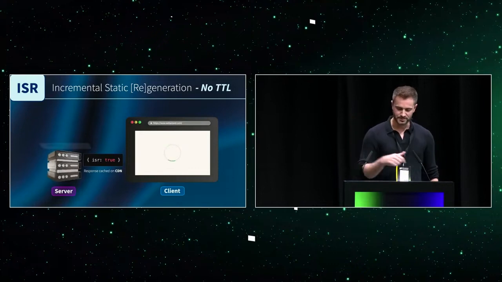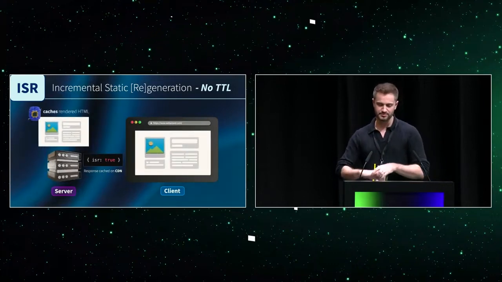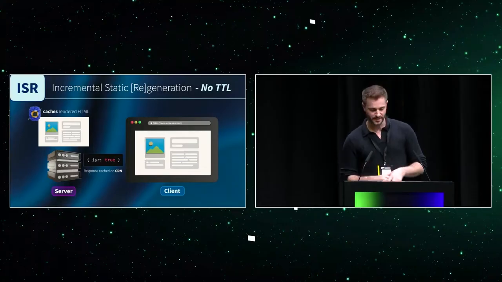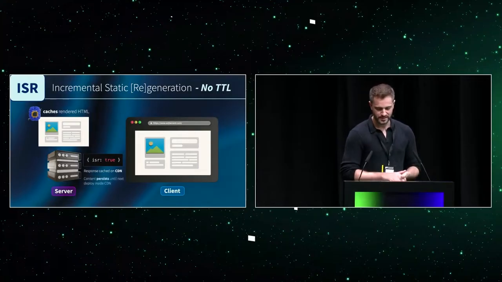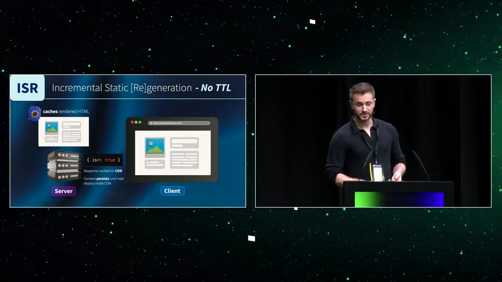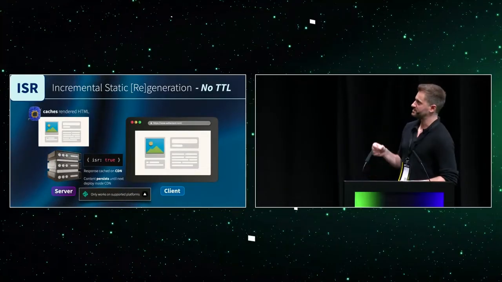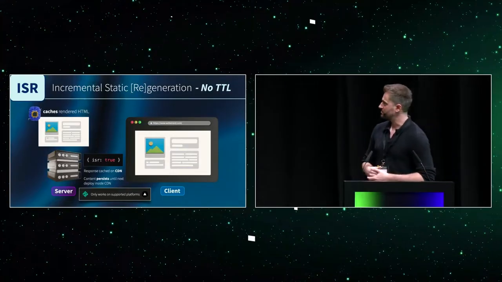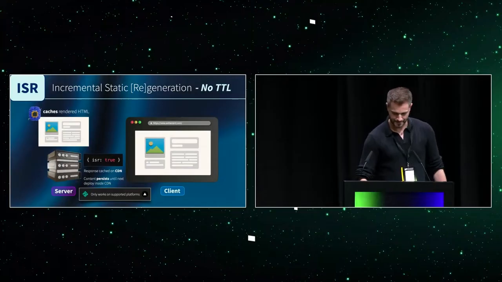So if you look at it with no TTL set, that means the content is going to persist until the next deploy inside of the CDN. But when we look at this behavior specifically, it's important to know that it's really only available to us on the platforms that support it, and that's going to be Netlify and Vercel currently. That might expand over time, but that's where you can do ISR like this right now.